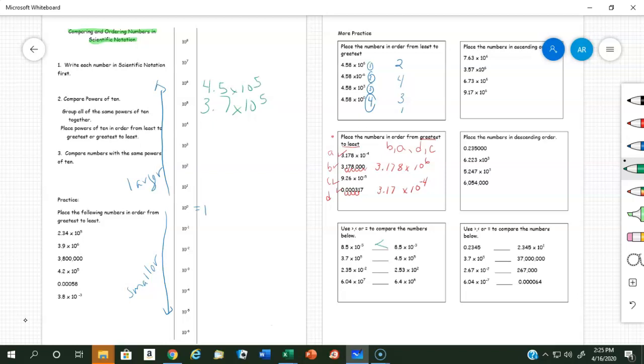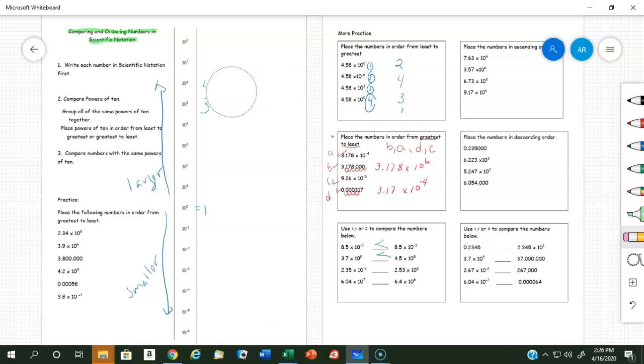So when they have the same power of 10, then I'm just really going to compare the numbers, and I know 4.5 is bigger than 3.7, or 4 and 5 tenths is bigger than 3 and 7 tenths. So let me look. How is it asking? Oh, it's asking me what is the relation. So 3.7 times 10 to the fifth is less than 4.5 times 10 to the fifth. So I have to pay attention to those things as well.